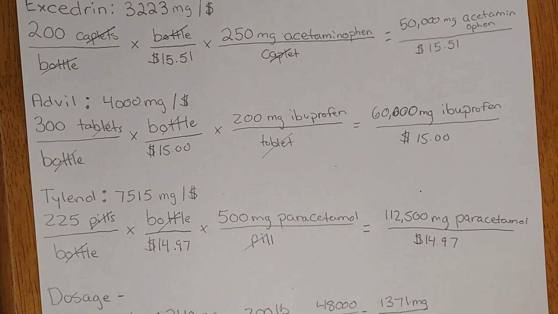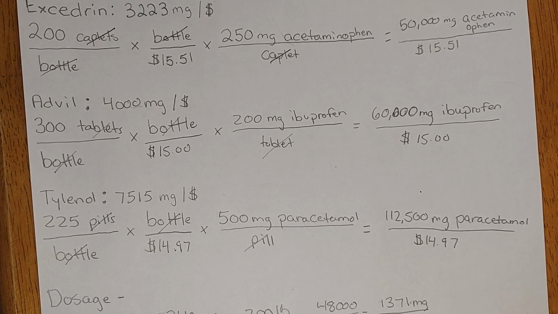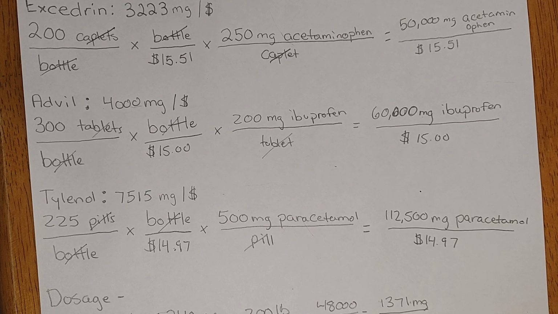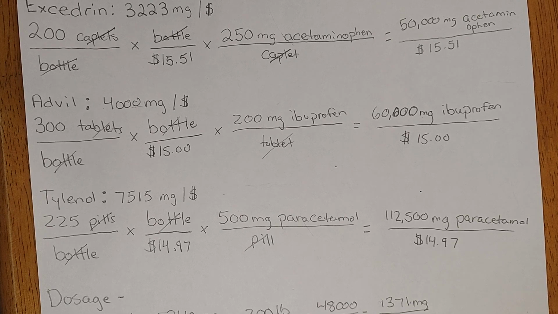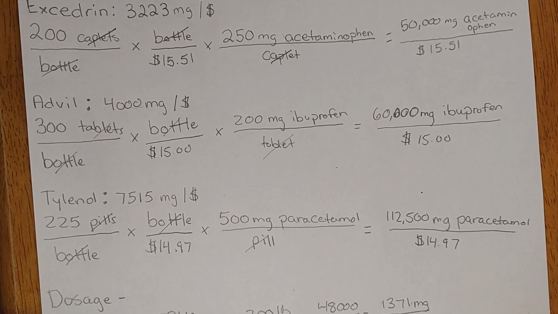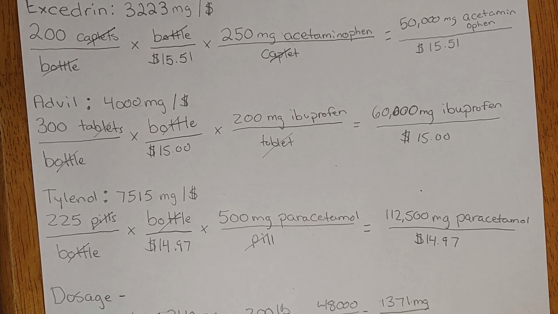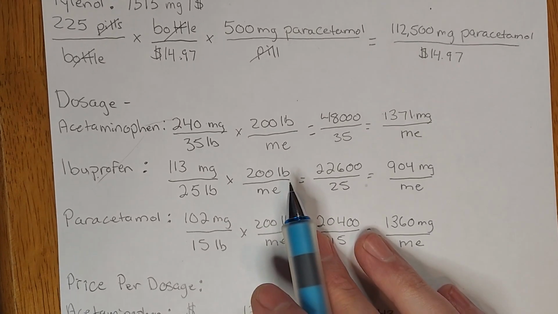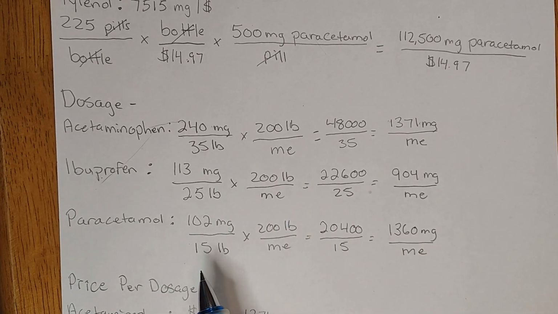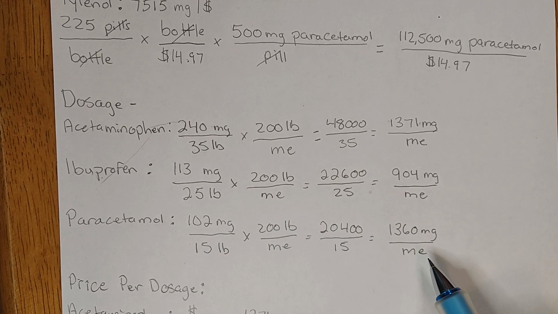Next, we're going to use dimensional analysis again. This time, we will take the dosage information for the active ingredients in the 3 drugs to see how many milligrams of each I will need based off my body weight. In this section, we're going to use the conversion factors to remove pounds so that we end up with milligrams for me.